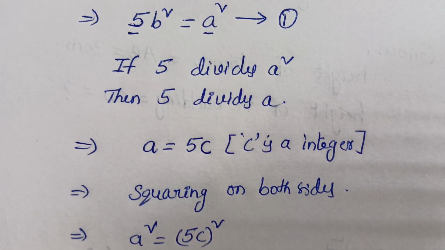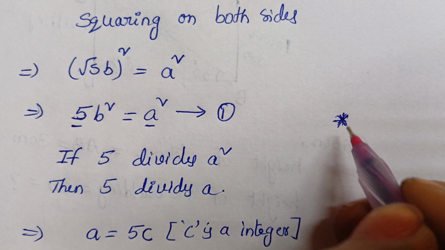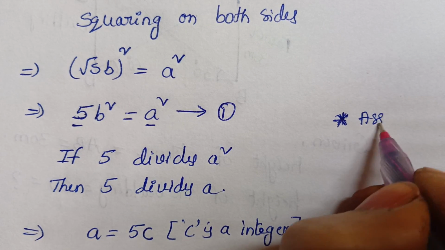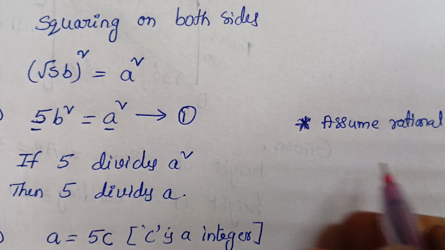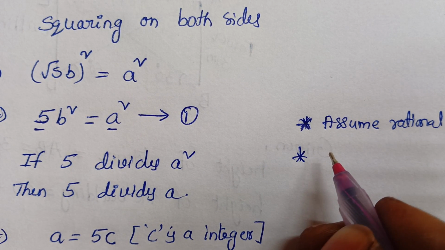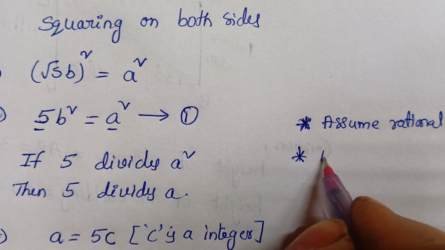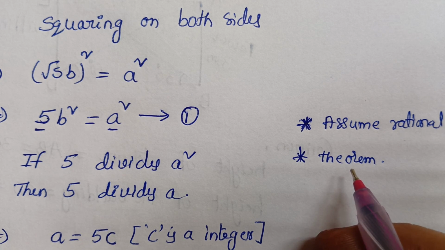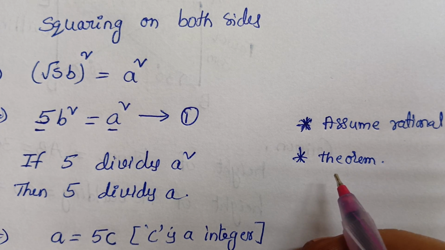In this, three main steps are there. First one, assumption in the contradiction way: we assume the given number is rational. Second point, we remember the theorem: if p divides a square, then p divides a, meaning a is a multiple of that prime number.